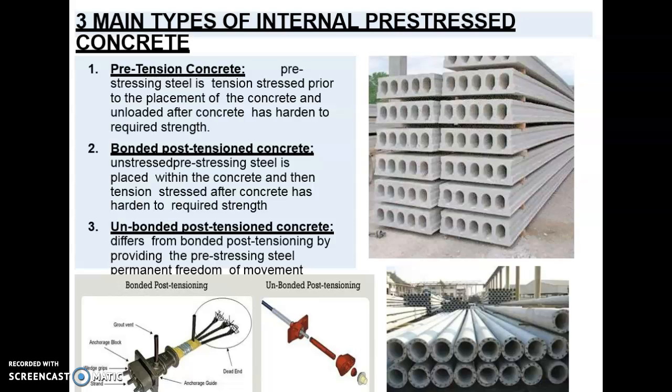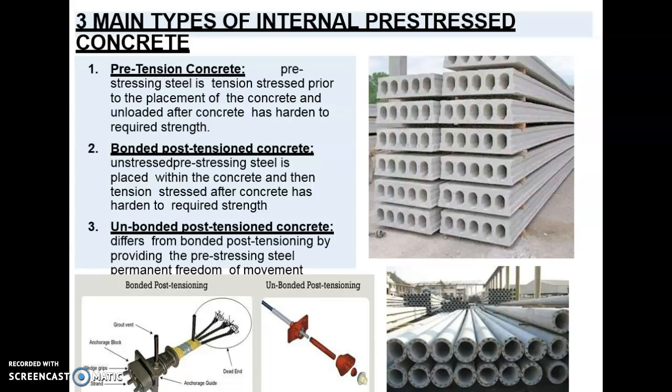There are three main types: pre-tensioned concrete, bonded post-tensioned concrete, and unbonded post-tensioned concrete. Pre-tensioned concrete: pre-stressing steel is tension stressed prior to the placement of the concrete and unloaded after the concrete has hardened to the required strength.